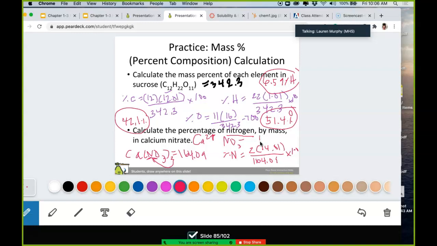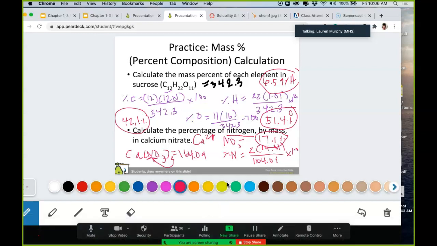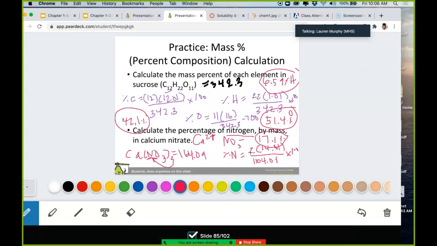It is 17.1. Give me 3 digits again by mass. Notice there's no numbers in this problem, so I'm just telling you how many sig figs I want. Any questions? Hopefully this is review.